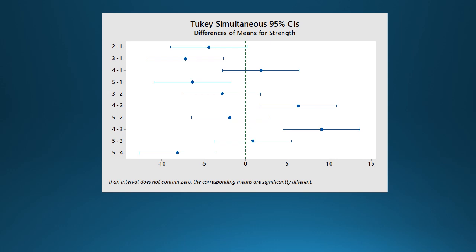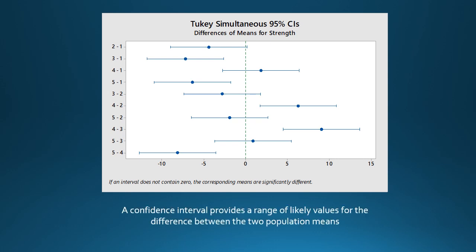For each comparison, we will examine the confidence interval to determine whether there is a significant difference between the nylon suppliers. Each confidence interval provides a range of likely values for the difference between the two population means. If the confidence interval does not contain the value 0, then we reject the null hypothesis and conclude that the two groups are different.